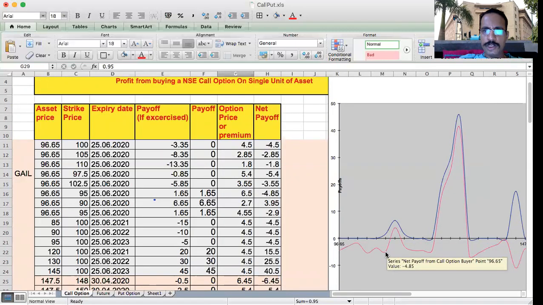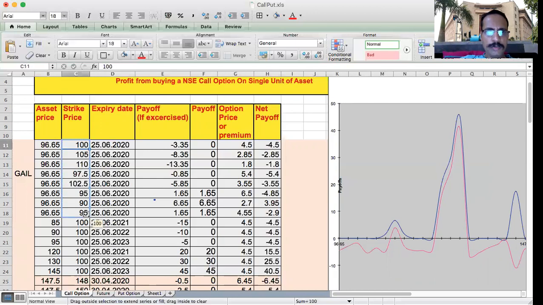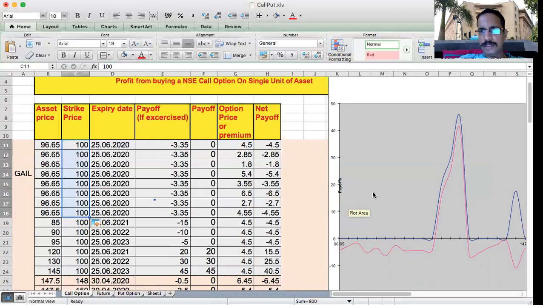So as the share price comes close to 100, now if I make, wait, let me make these all 100, because then only it makes better sense, right?